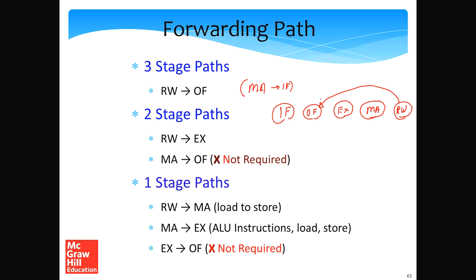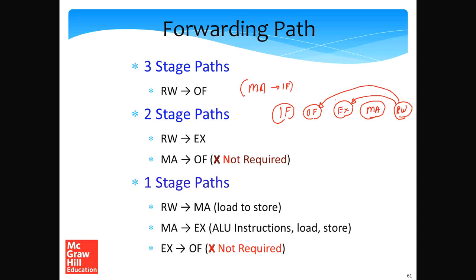So it's a three-stage path because as you can see, the RW stage is three stages ahead of OF. Now let's take a look at a two-stage path. So one is RW to EX. The other can be from MA to OF.